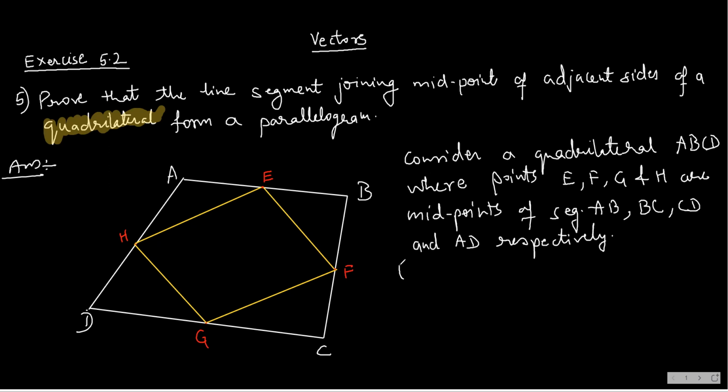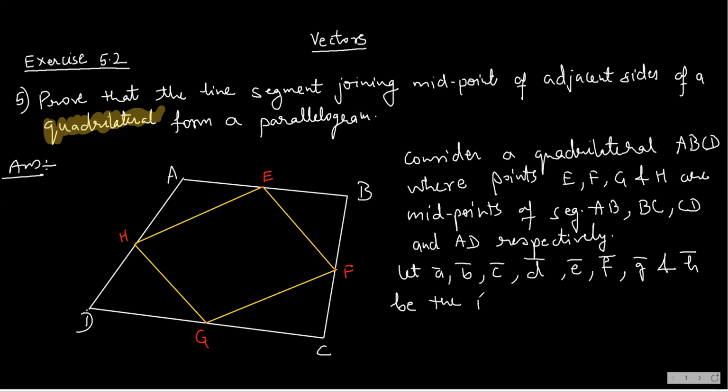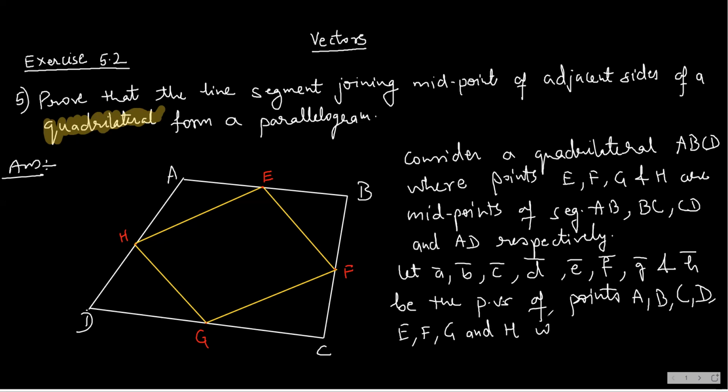Then I will write: let A bar, B bar, C bar, D bar, E bar, F bar, G bar and H bar be the position vectors of points A, B, C, D, E, F, G and H respectively with respect to O, that is origin.